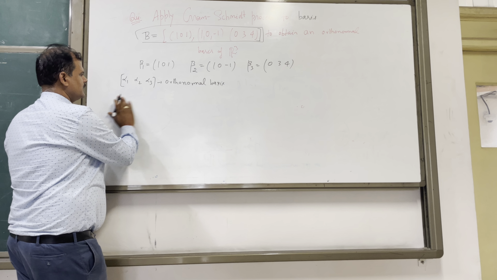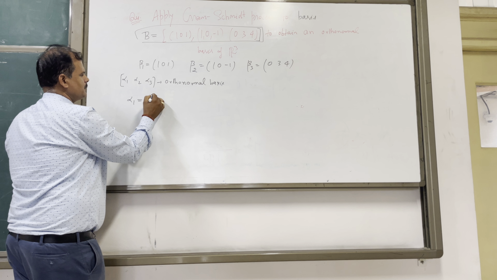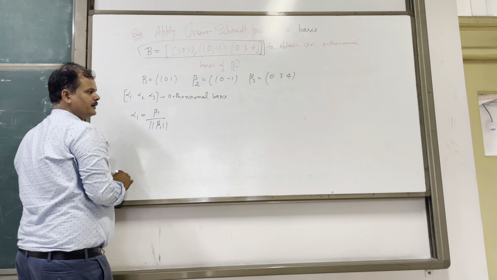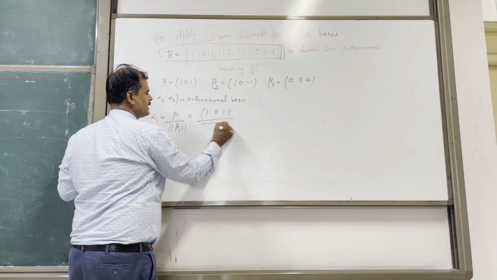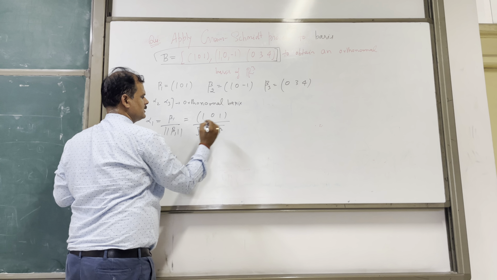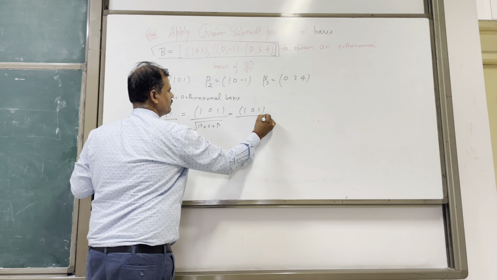So let us try to get alpha 1. Alpha 1 is nothing but beta 1 by norm of beta 1. So beta 1 equal to (1, 0, 1) divided by the square root of 1 square plus 0 plus 1 square, so root 2. So we get (1, 0, 1) by root 2.